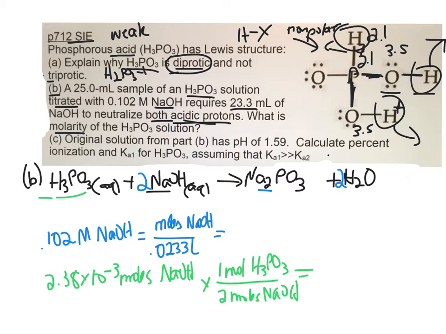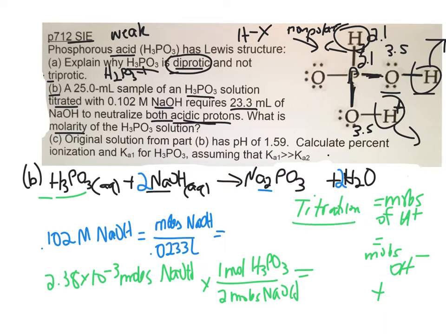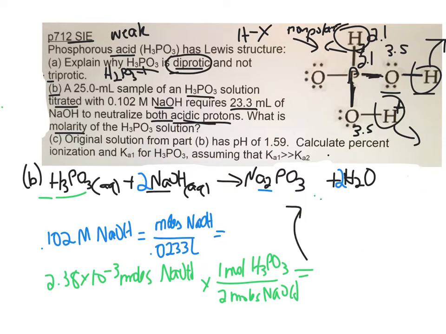In a titration, which we're going to talk more about in the next chapter, once you have equal moles of H ions, so pretty much equal moles of acid, which equals the moles of OH ions, you have completed your titration. Okay, so the amount of moles of H3PO3 you get here is 1.19, so it's pretty literally half the amount of moles formed.